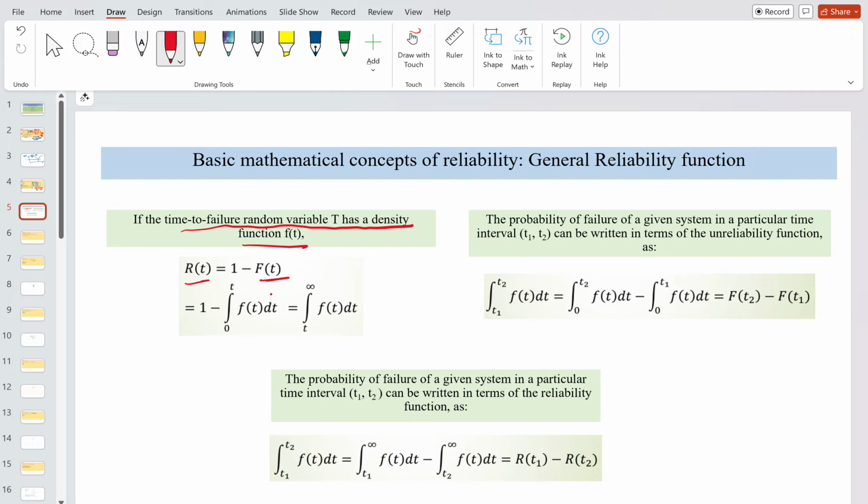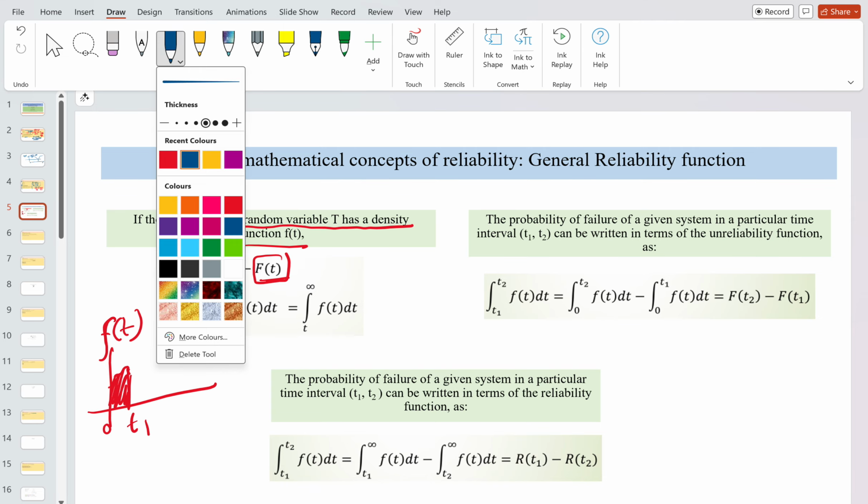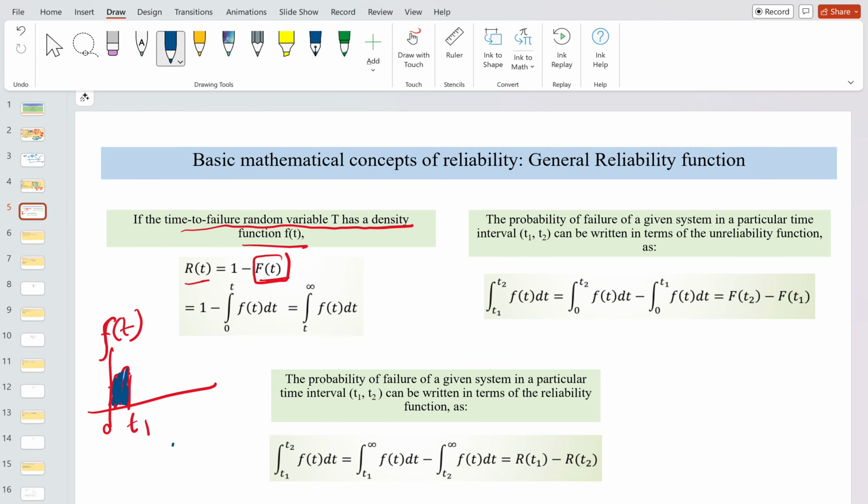Suppose I consider the function f(t), where this is 0 and this is t1, and this is some kind of curve. Then F(t), the failure probability, comes from the density, and density means area. You can say this is the area in between, and that is also called F(t).